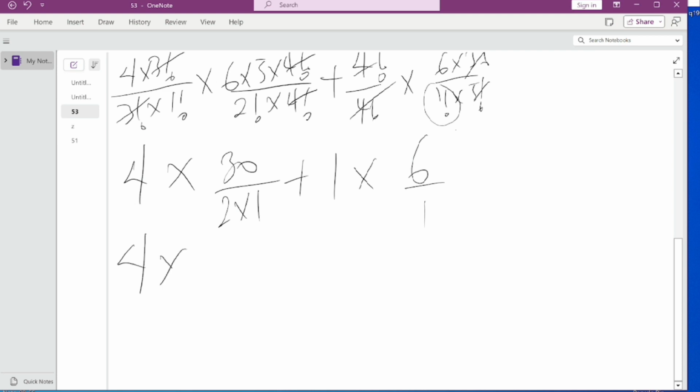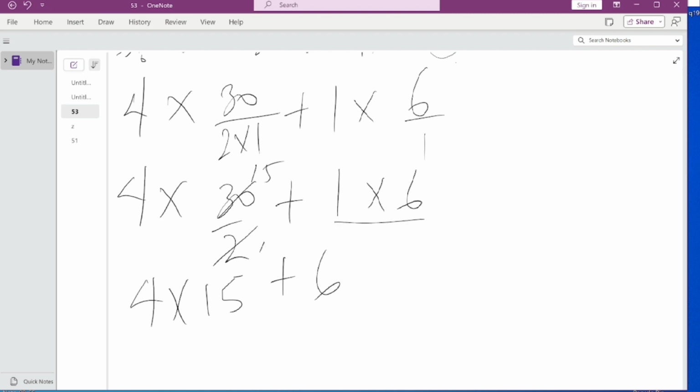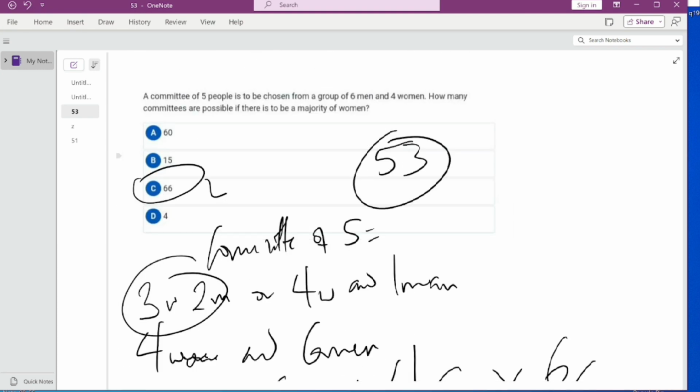So we have 4 times 30 over 2, plus 1 times 6. That's 4 times 15, plus 6 times 1, which is 6. 4 times 15 is 60, plus 6, which is 66. Our final answer is 66.